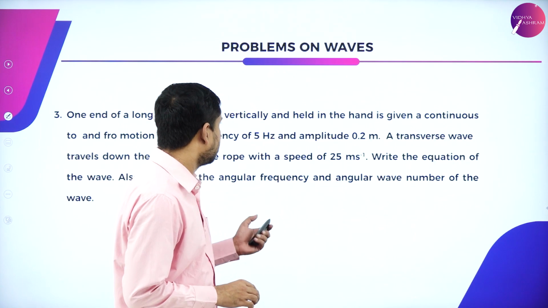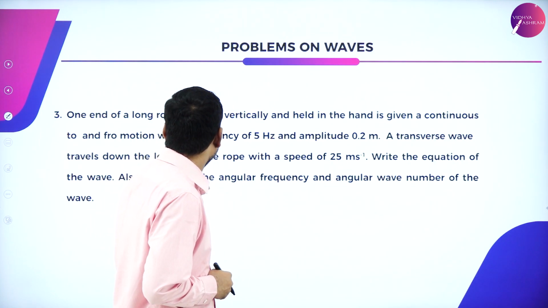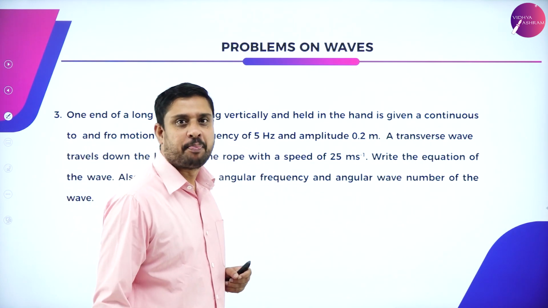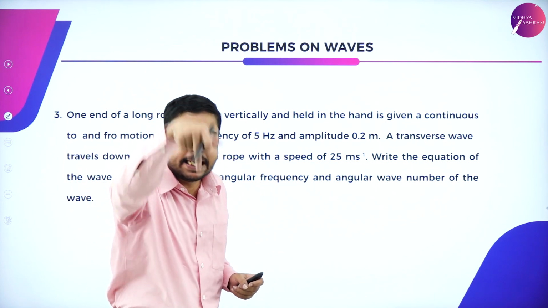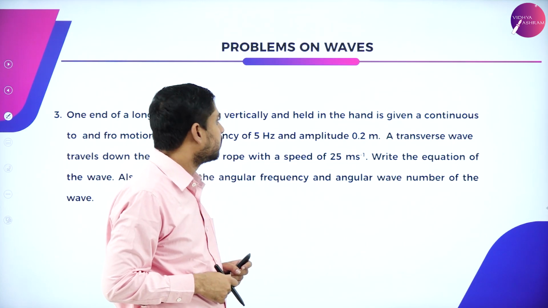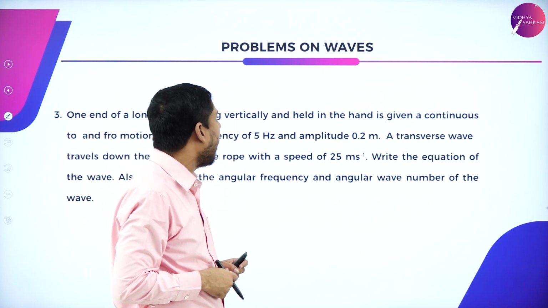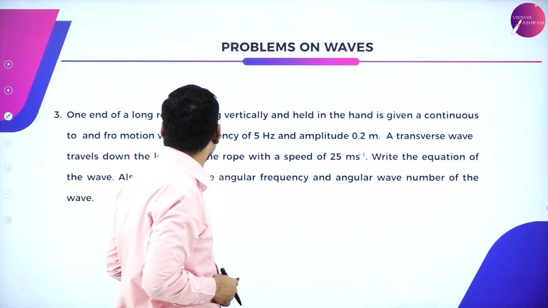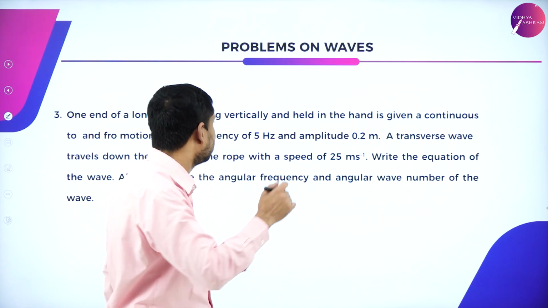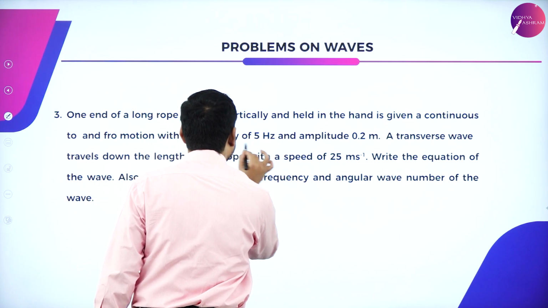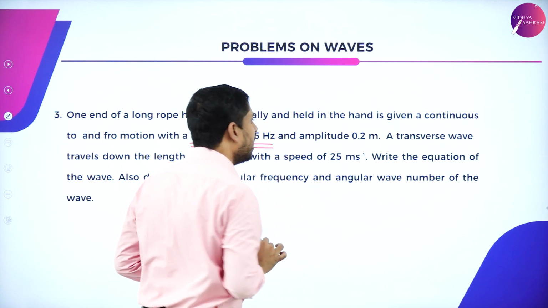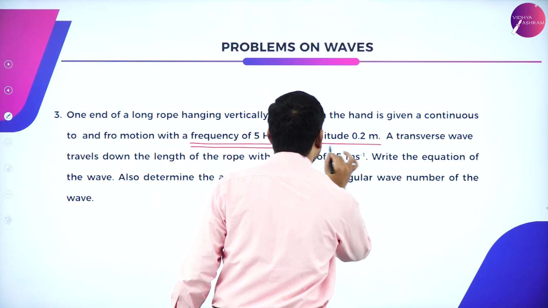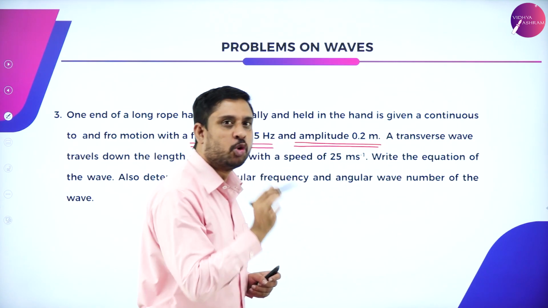The next one, students. One end of a long rope hanging vertically and held in the hand is given a continuous to and fro motion with a frequency 5 hertz and amplitude 0.2 meter.